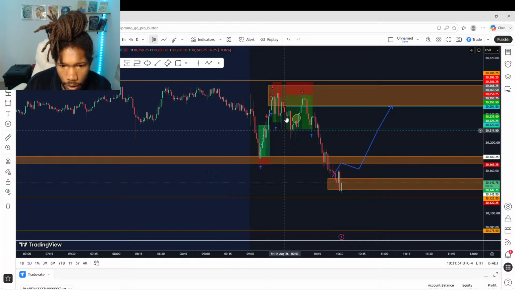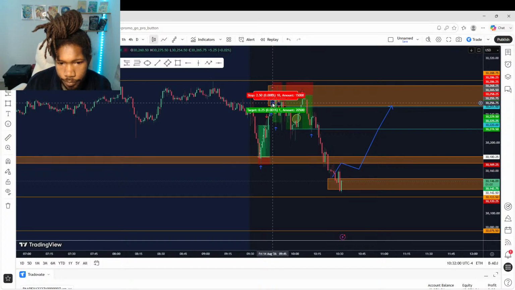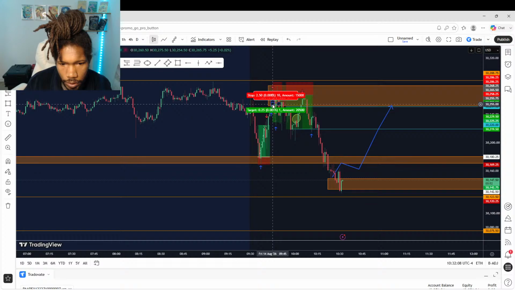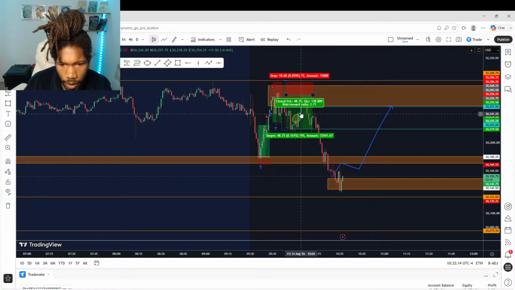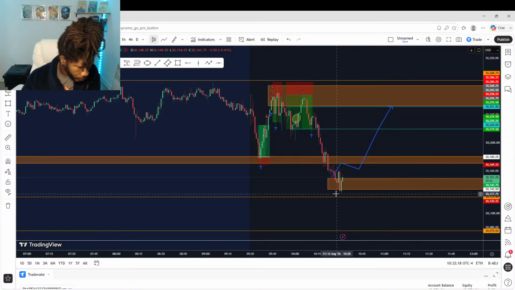Boom. Alright, so that was that move. That was a winner. We got a winner, loser. I stopped myself out actually, closed it out. Yeah, because this one was actually right here on those candles. So now it's that, and then we have this position. It goes to that entry. So that's cool.